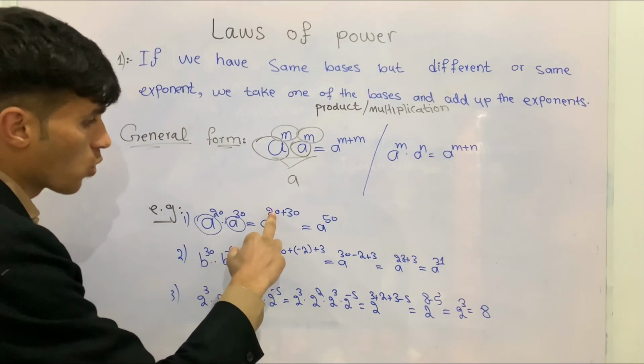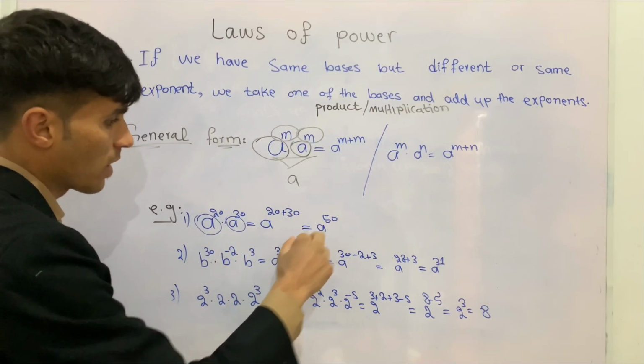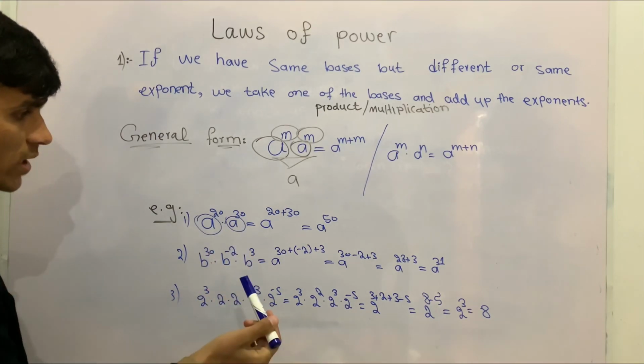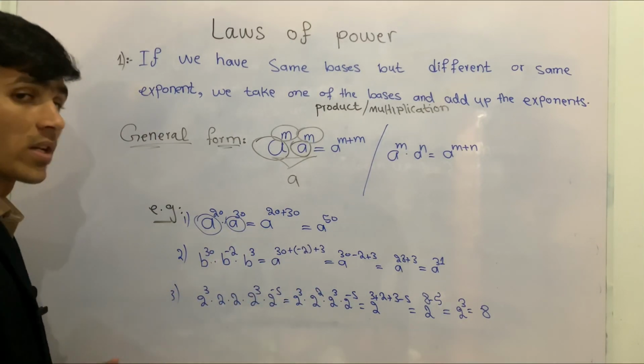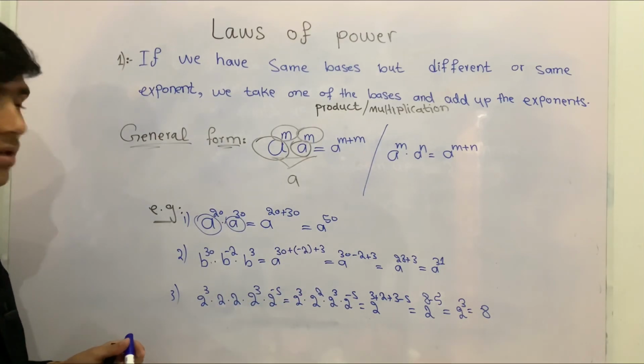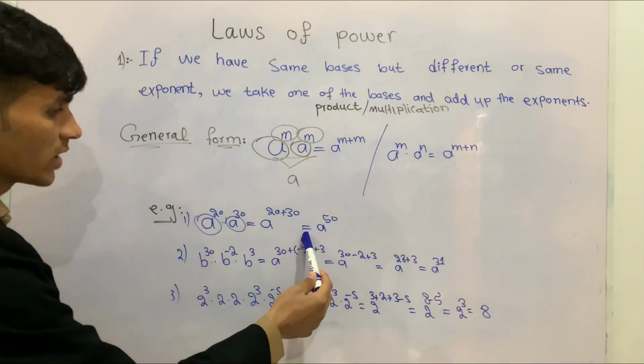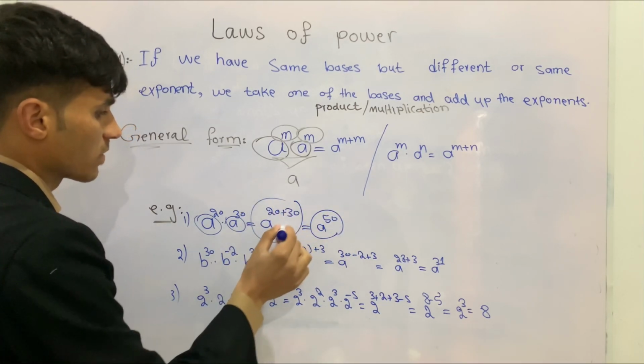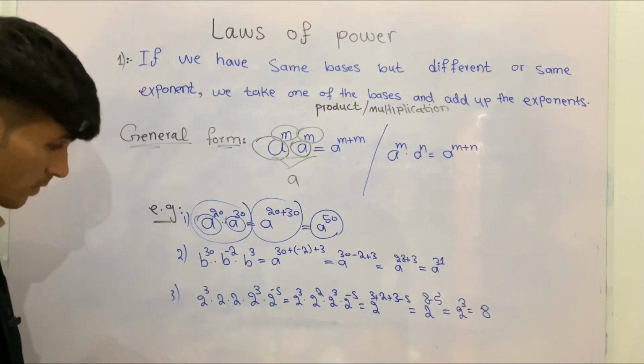A to the power 20 plus 30 equals a to the power 50. If you simplify, you will get a to the power 50. We have equality.